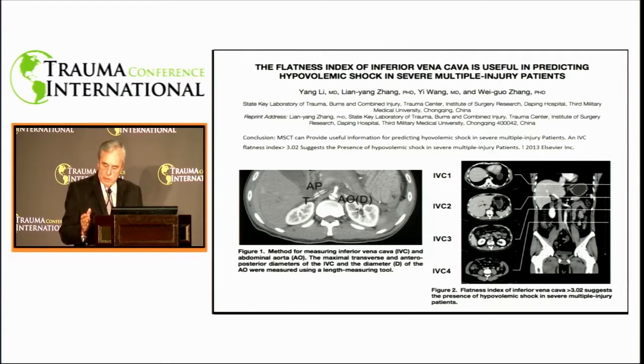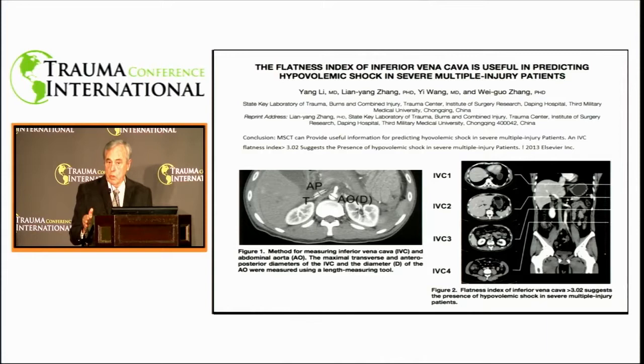But as I said before, I want to mention two things that I believe are presently extraordinary weapons. One of them is obviously what's happening to the inferior vena cava, as was mentioned this morning, and it can be measured in different ways.